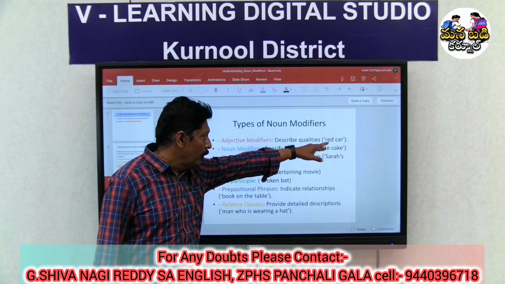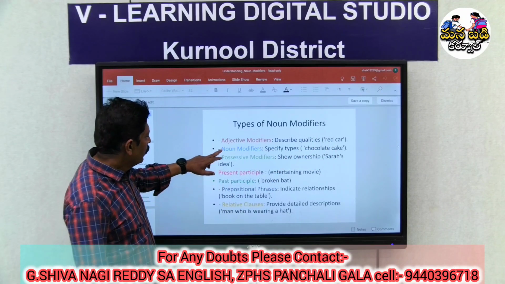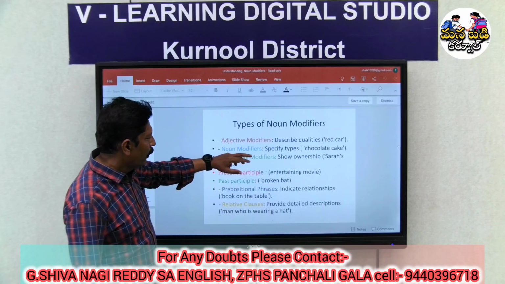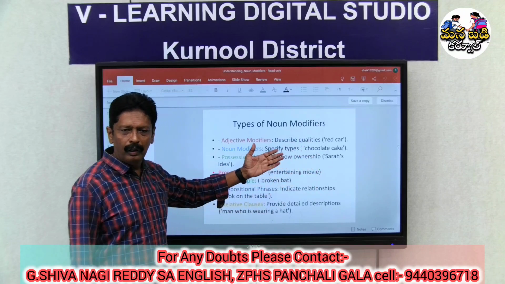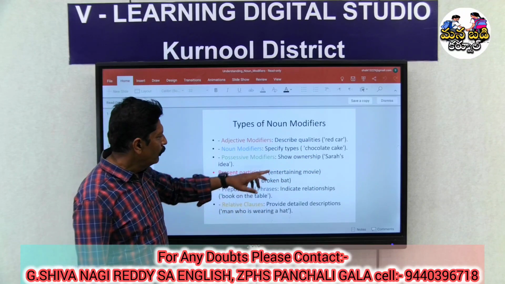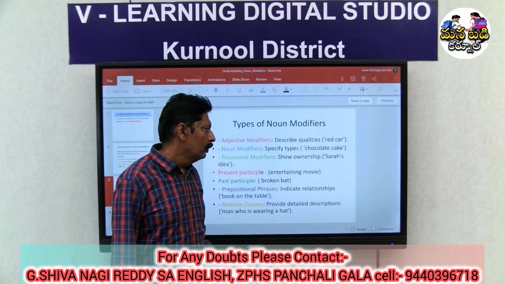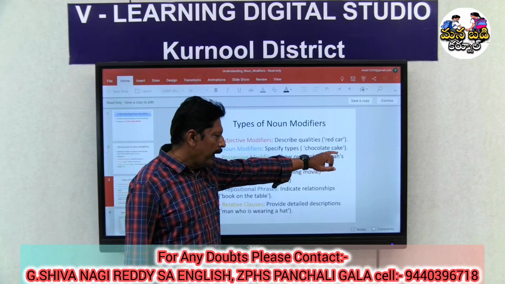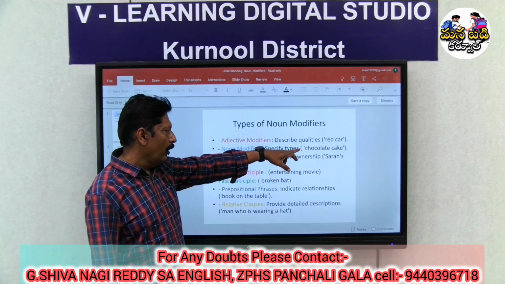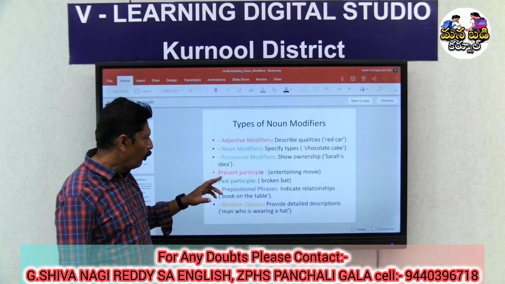This red, an adjective, qualifies the noun car. Next, noun modifier. One noun can modify or qualify another noun. Here is chocolate cake. Cake is the main noun. The chocolate that qualifies the cake is a noun modifier.